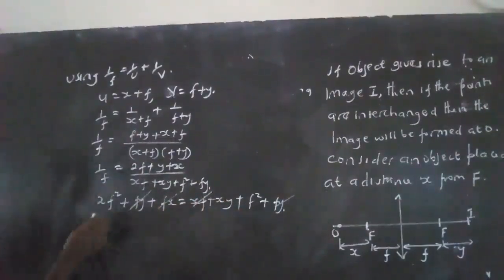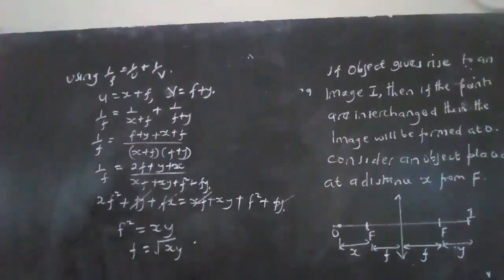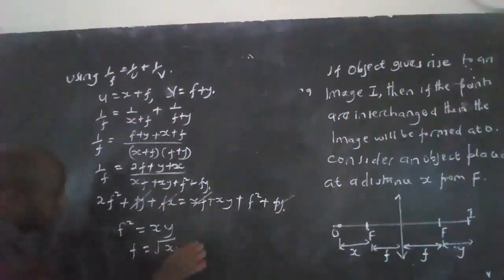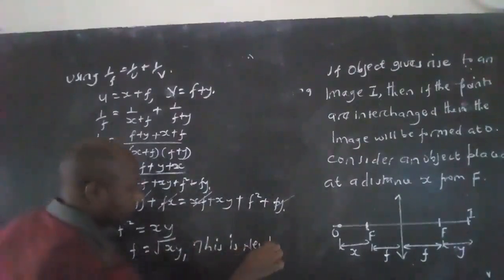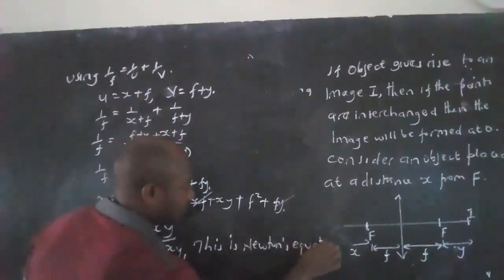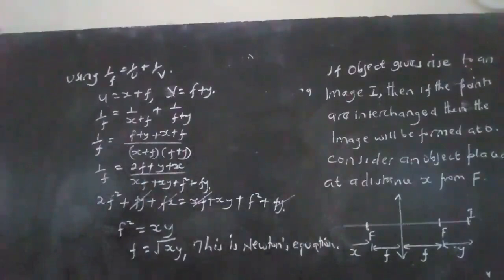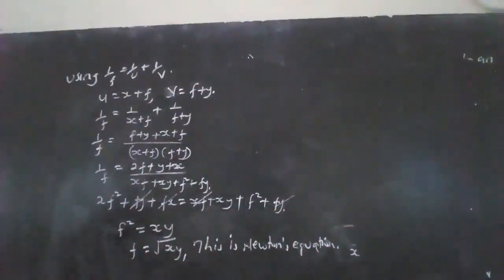So we get f squared equals xy. Our f becomes the square root of xy. This is Newton's equation.